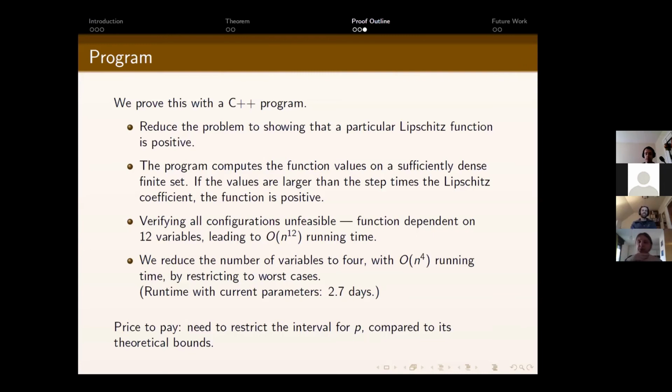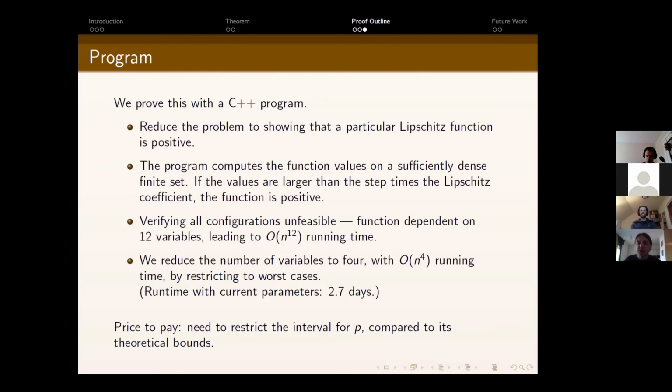And if you can prove that all the function values are above a certain positive lower bound, which needs to be above the step size in this lattice times the Lipschitz coefficient, then you know that the function, since it can't change more than the Lipschitz coefficient, can't fall too much below that lower bound, and so it still needs to be positive.